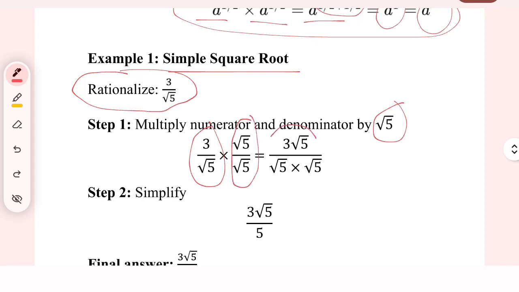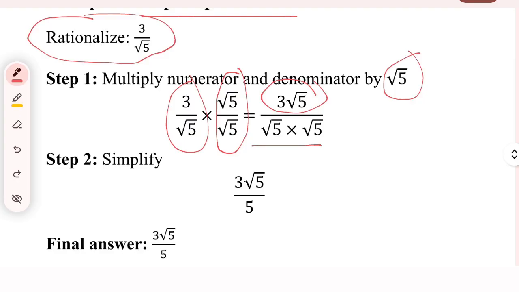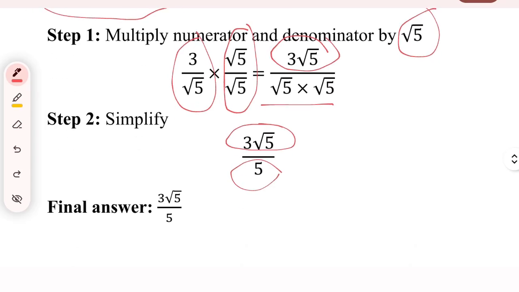So we have the numerator, 3 square root of 5, and the denominator, square root of 5 times square root of 5. So the numerator is 3 times square root of 5, and the denominator will become 5, because square root of 5 times square root of 5 is simply 5. So your final answer would be 3 square root of 5 divided by 5.